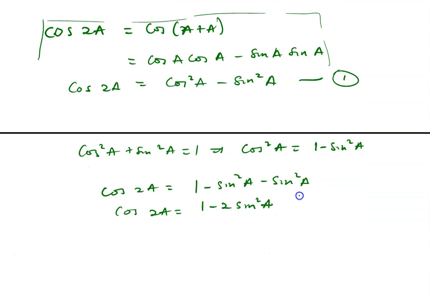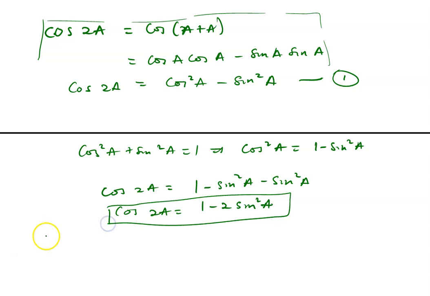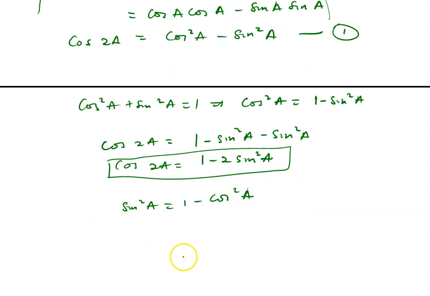If I want to make cos the subject instead of sine, I'm going to get sine squared A is equal to 1 minus cos squared A. So I can substitute it into equation 1 again.